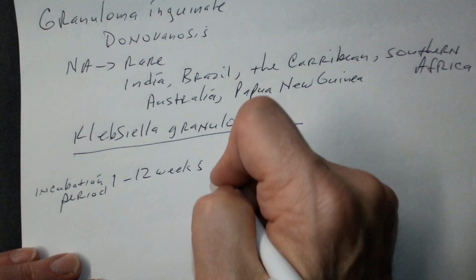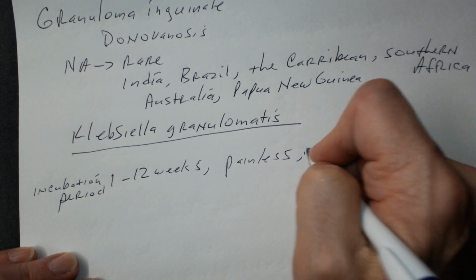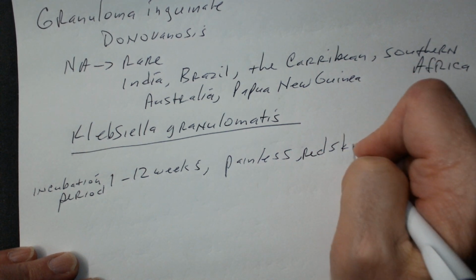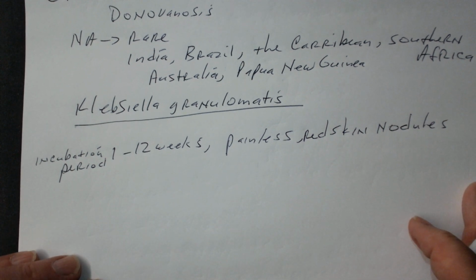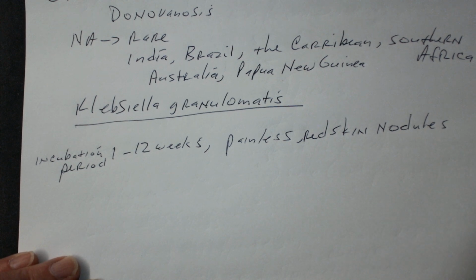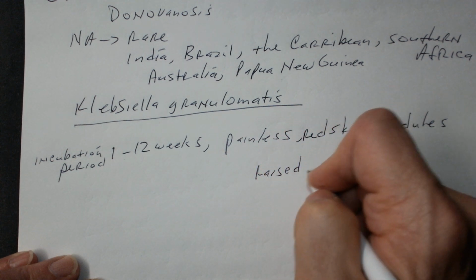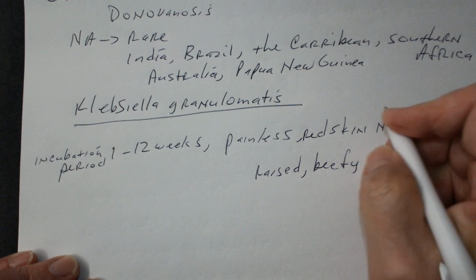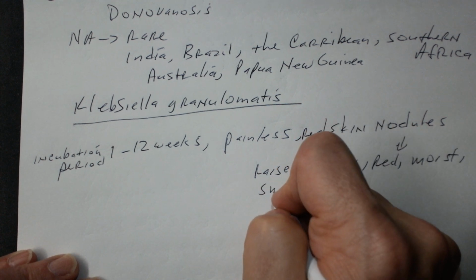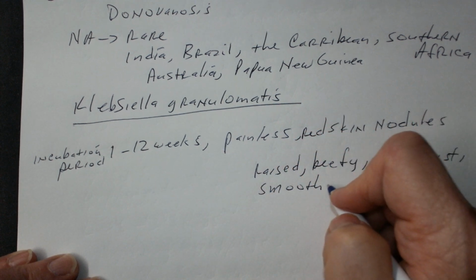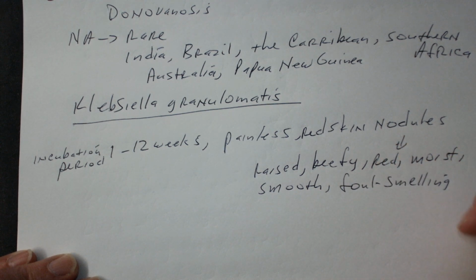After about 1 to 12 weeks, you'll get painless red skin nodules. Those painless red skin nodules will then become raised, beefy, red, moist, smooth, and foul-smelling lesions.